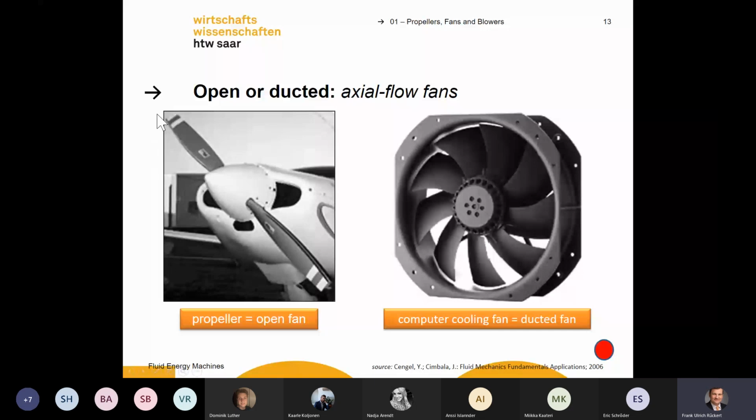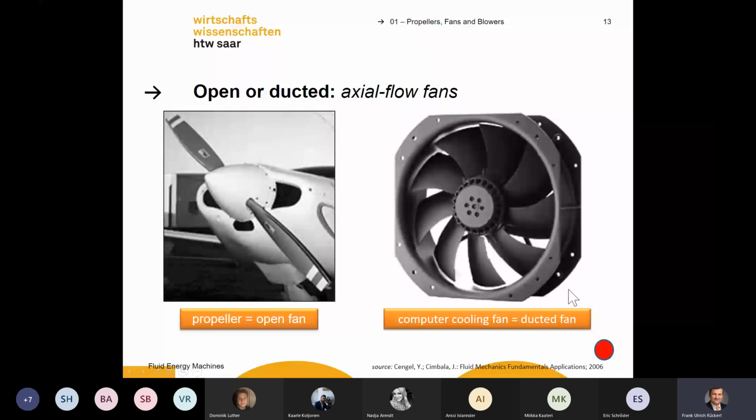Here we have an open fan for this airplane. Open fan means there is no duct around the fan. And if you look at this computer fan, we have a duct around it. There is a housing around this fan. We call it a ducted fan.